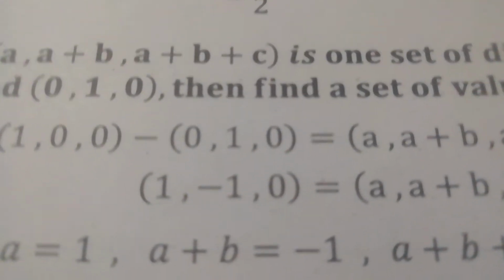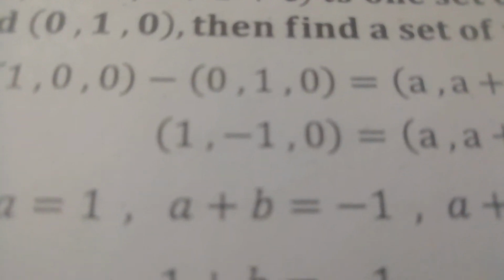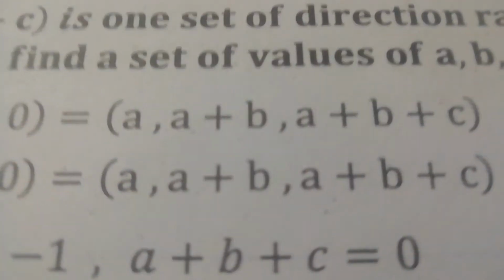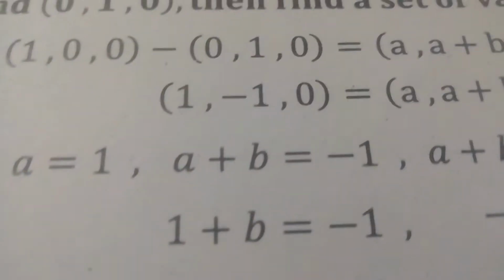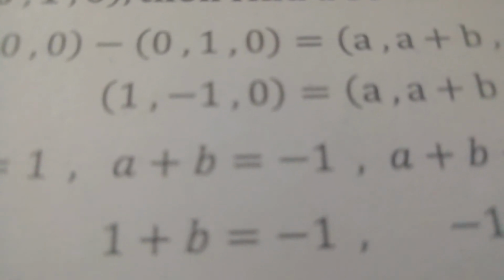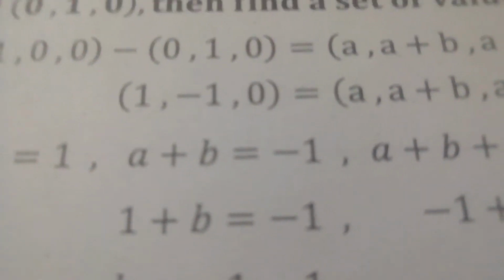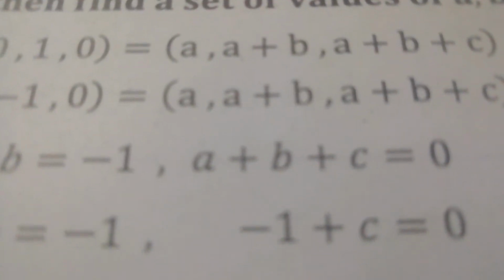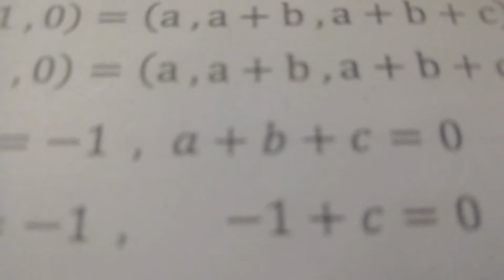If we equate corresponding coordinates, a = 1, a + b = −1, a + b + c = 0. So a = 1, and a + b = −1 means 1 + b = −1. So b = −2. Then a + b = −1, so −1 + c = 0, so c = 1.